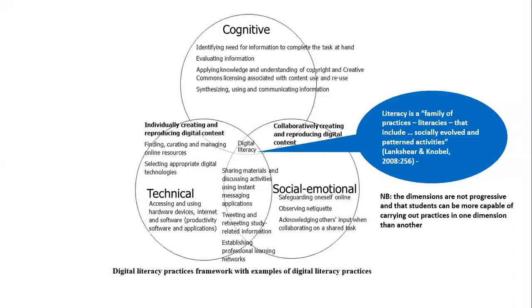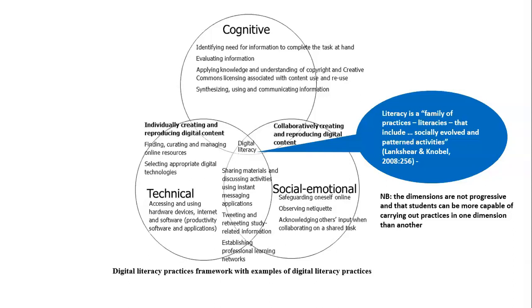So they may be more capable in the technical dimension, but they may still need your support in the cognitive dimension on how they can make use of information in order to prepare their tasks. They may need more assistance, maybe also just to think about how they manage their online profiles and how they engage online. And so this is just a way of thinking of digital literacy.